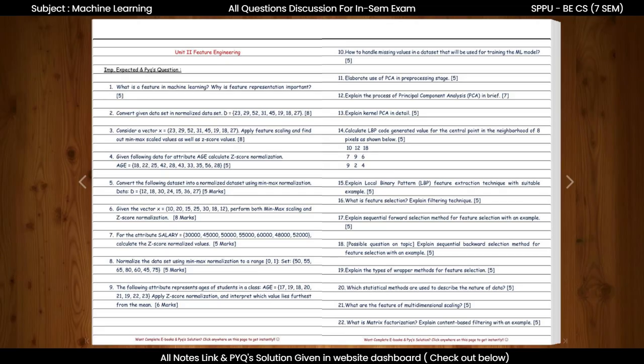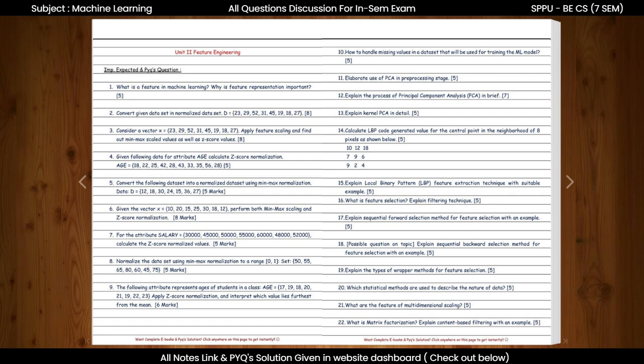Now let's move on to our next important topic, Z-score normalization and outlier interpretation. From this topic, we can expect questions like, the following attribute represents ages of students in a class, age equals 17, 19, 18, 20, 21, 19, 22, 23.